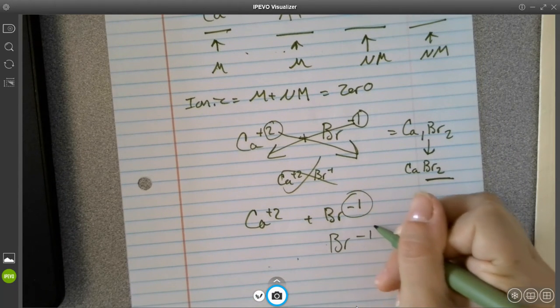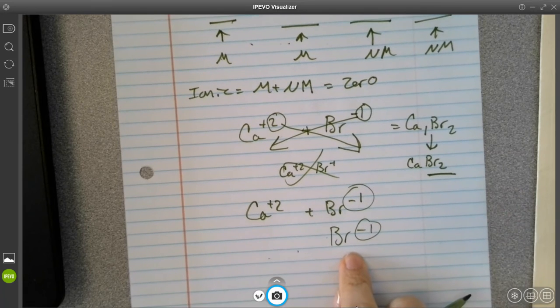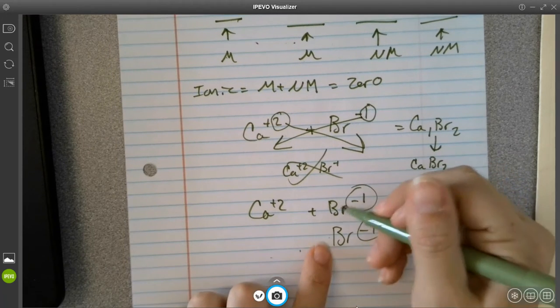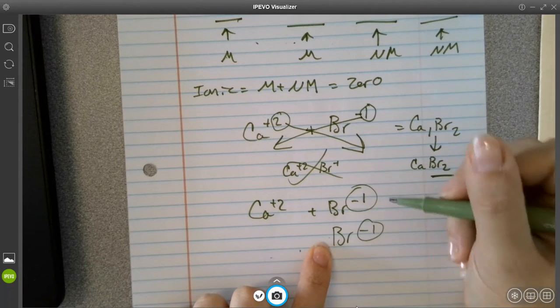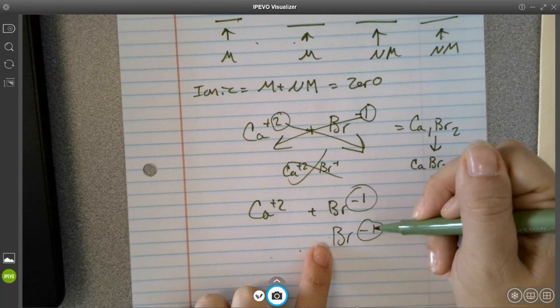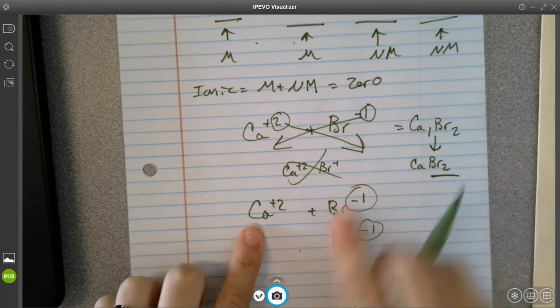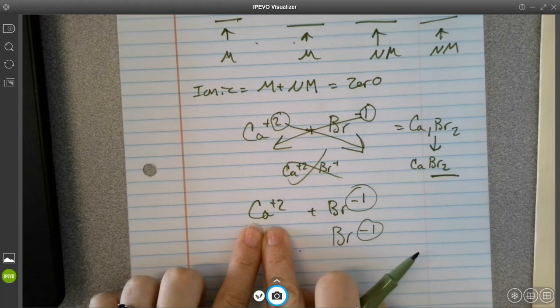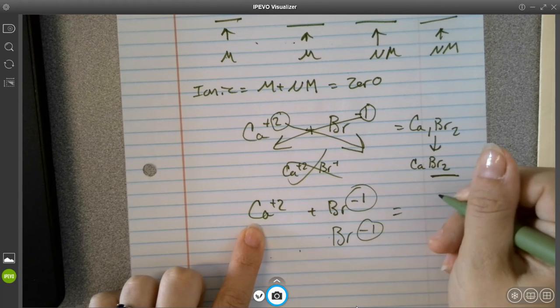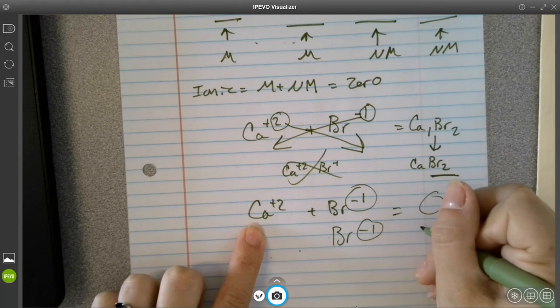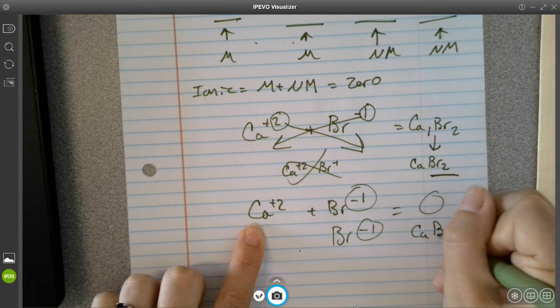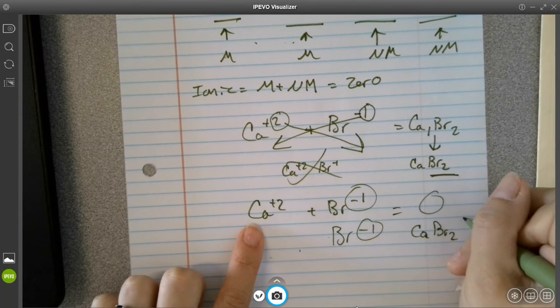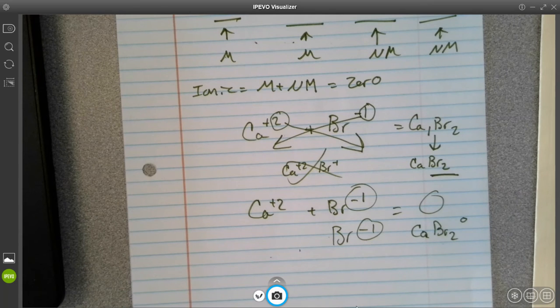So I would have to draw out another bromine here. Then I would have 2 bromines, so I would have 2 -1 charges, and that would cancel out my 1 calcium. So overall, my charge would be 0 with CaBr2. Overall, this is 0 charge.